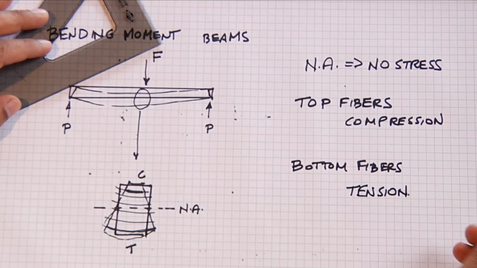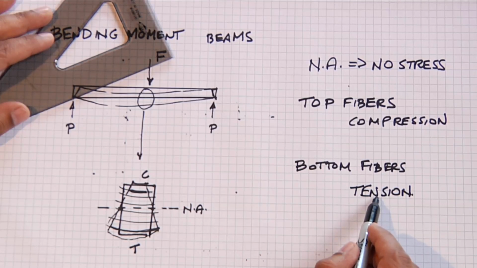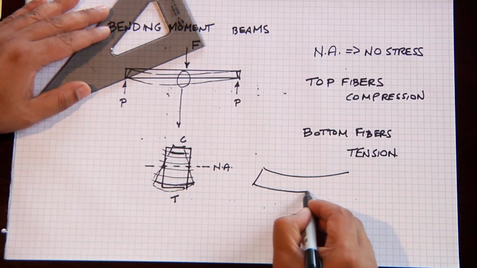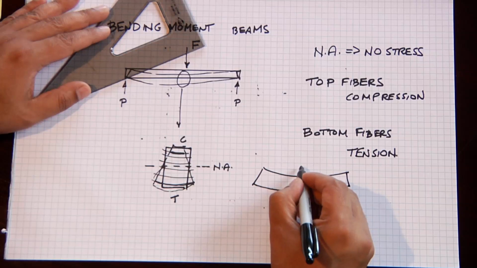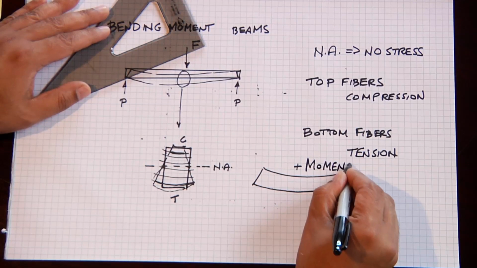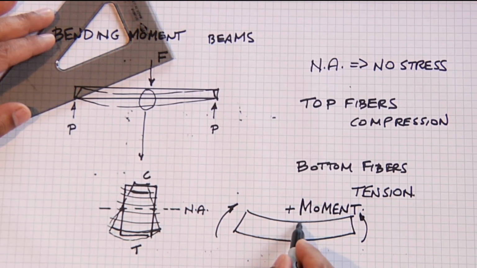On the bottom fibers, we have tension. This is the standard performance of a beam under what's called positive bending moment. Positive bending moment occurs with the top being in compression and the bottom being in tension.